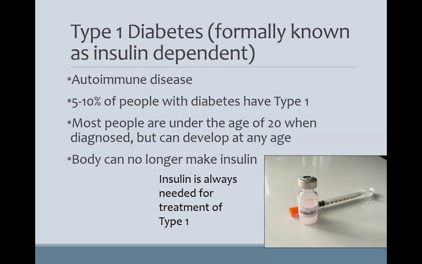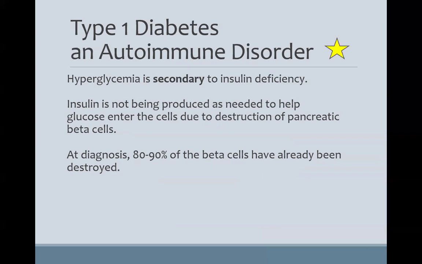That's the key takeaway: it is an autoimmune disorder, star, star, star. Hyperglycemia is secondary to insulin deficiency. There is no insulin to carry the glucose into the cells, so the patient becomes hyperglycemic. But it is not the hyperglycemia that designates the disease. It's the insulin deficiency.